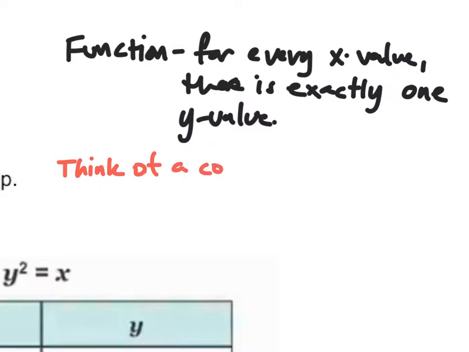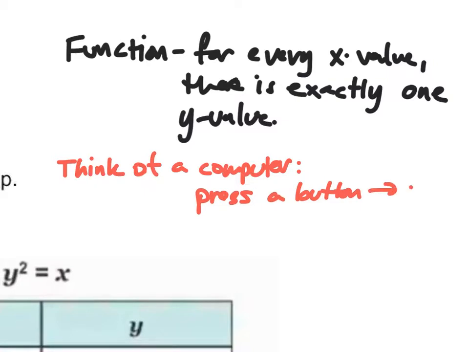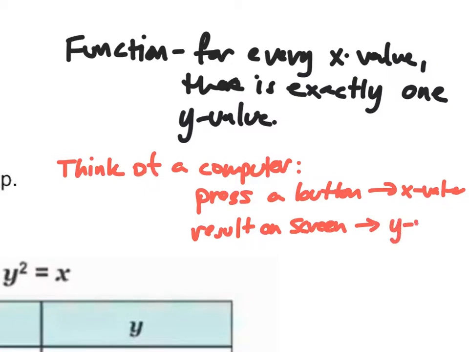A computer is just one big function. When you press a button on the computer, that's like your x value, and the result on the screen is your y value.